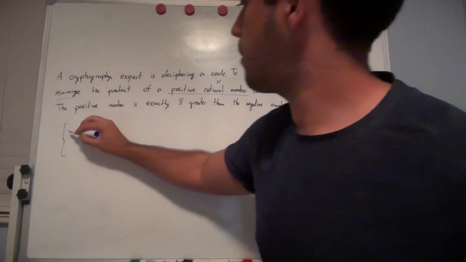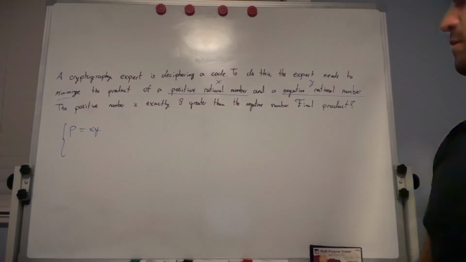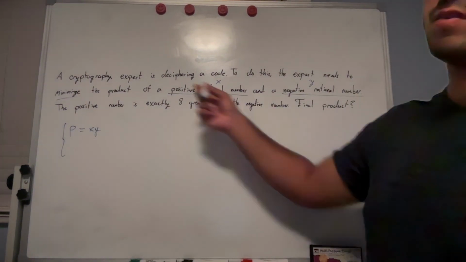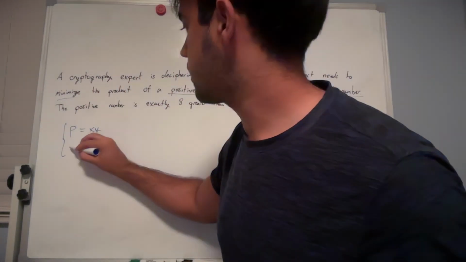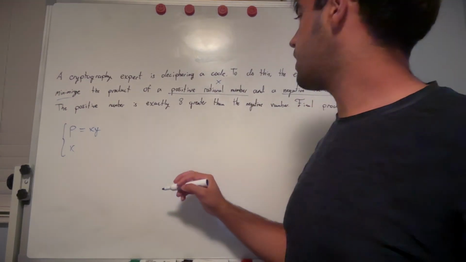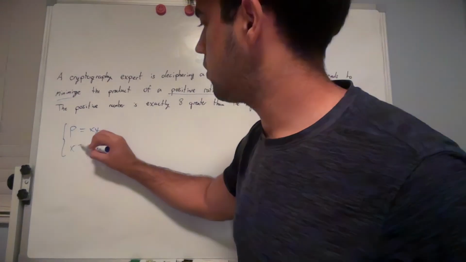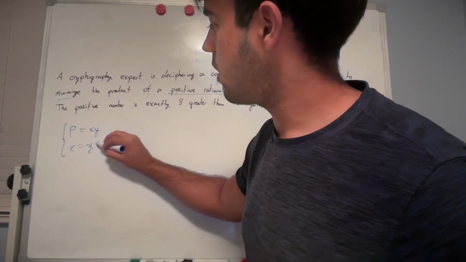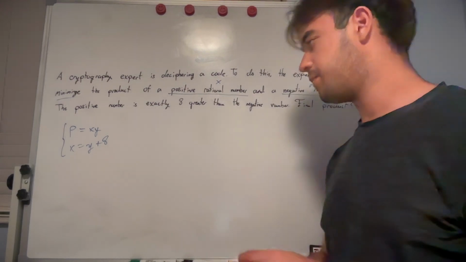We know that there's going to be a product of x and y. It's actually the product we're trying to find, and it has to be minimized. And then the positive number, so x, is exactly 8 greater than the negative number. So we're going to take x is equal to y plus 8, because it's 8 more than the negative number.